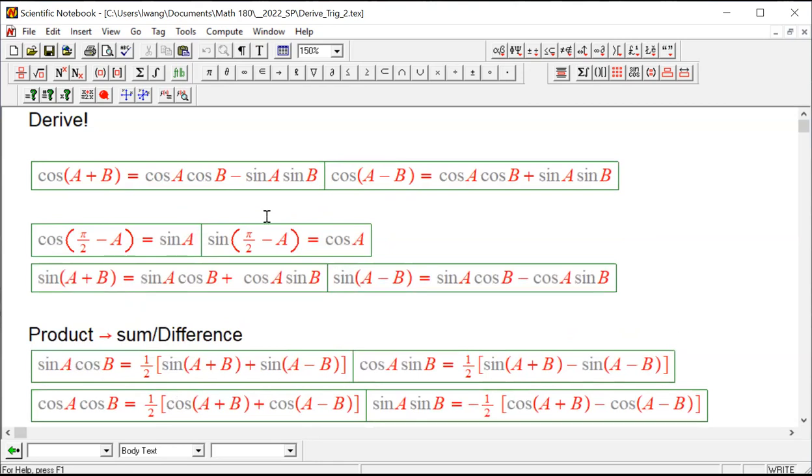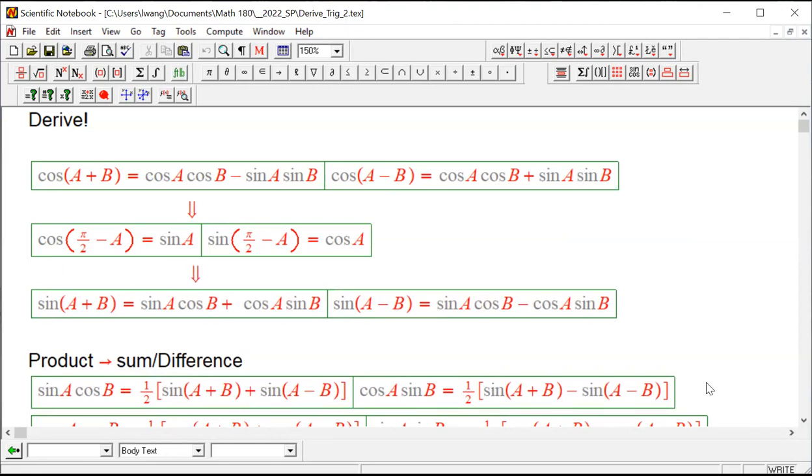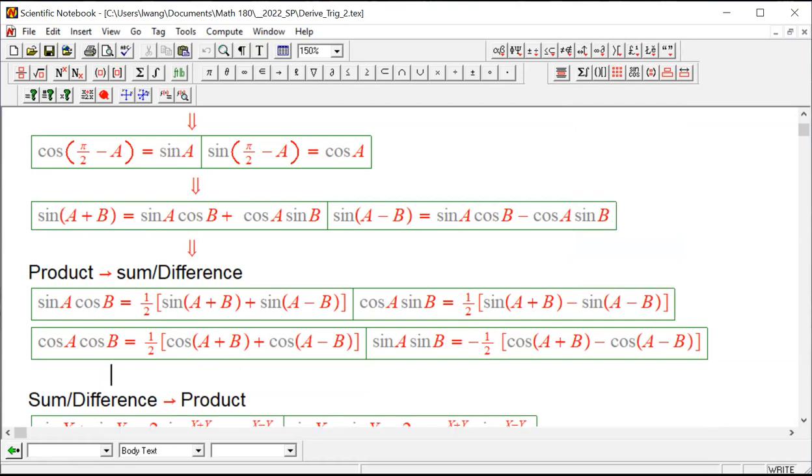From these two, we get to the next. From the next, all of these combined above, we got the next. And from those, we got these and those. So that's the order. We got what we need.